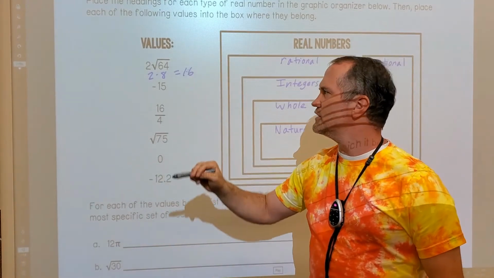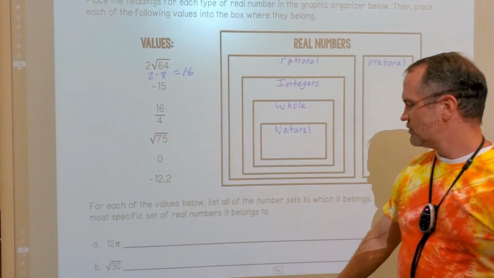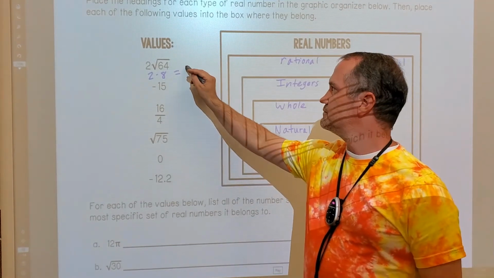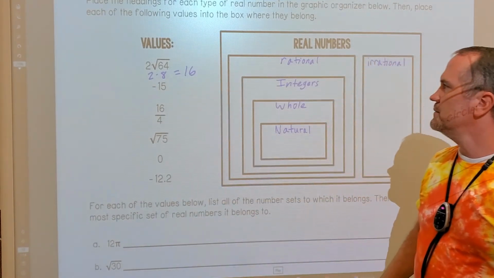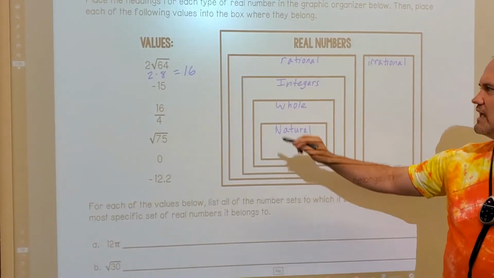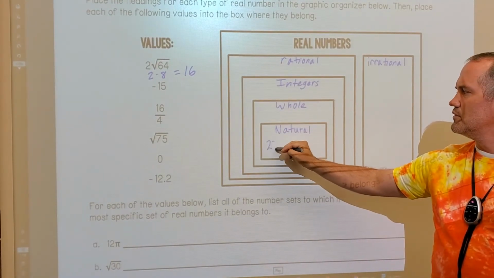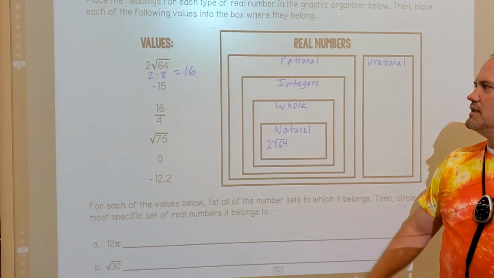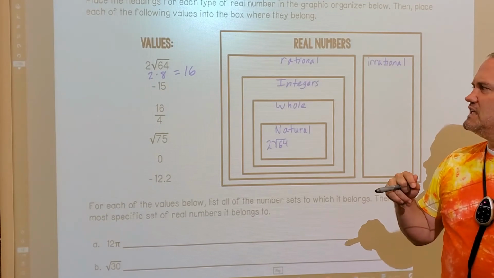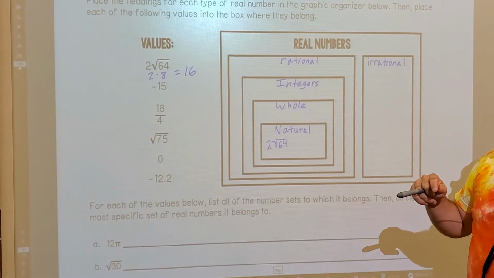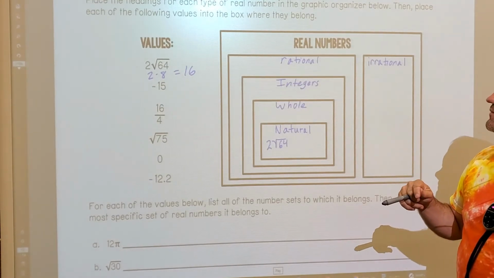We did that problem actually in our notes, I'm pretty sure. 2 times 8 is 16, so that one is a natural number. Then negative 15.